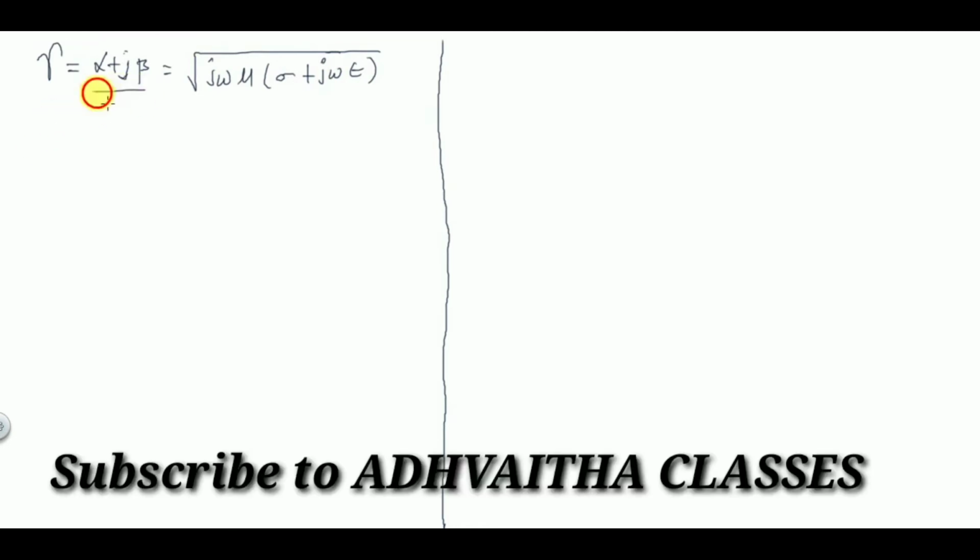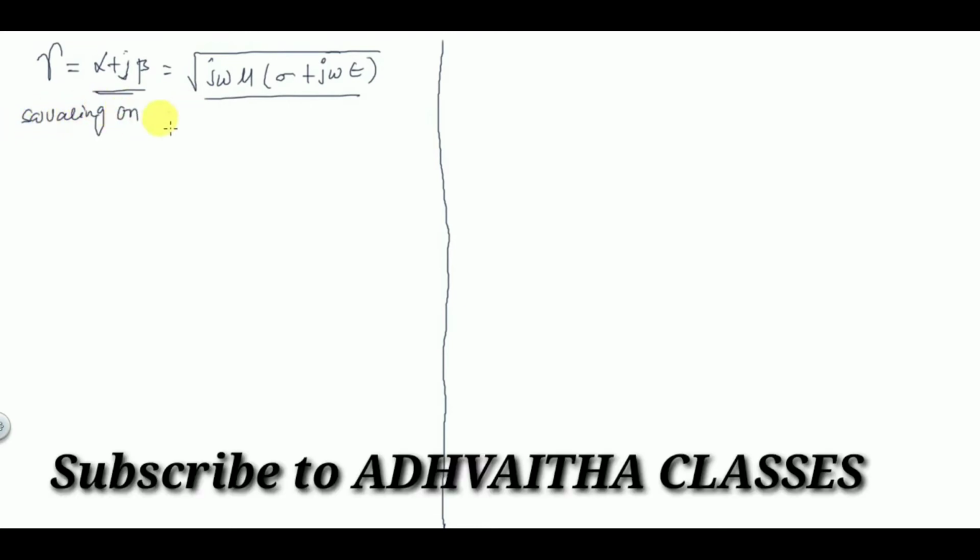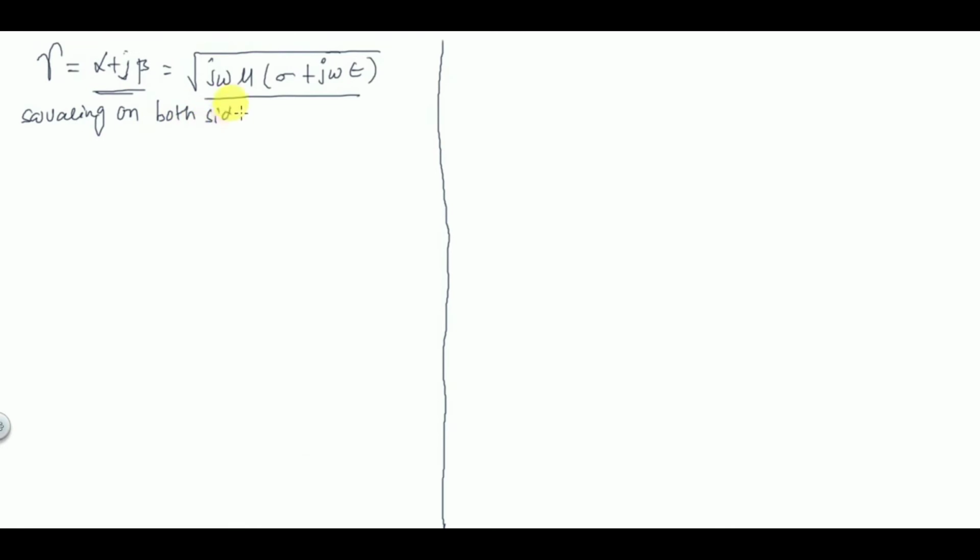Squaring on both sides, (alpha plus j beta) whole square is equal to j omega mu into (sigma plus j omega epsilon). So this will be alpha square, plus (j beta) whole square, plus 2 into alpha into j beta.